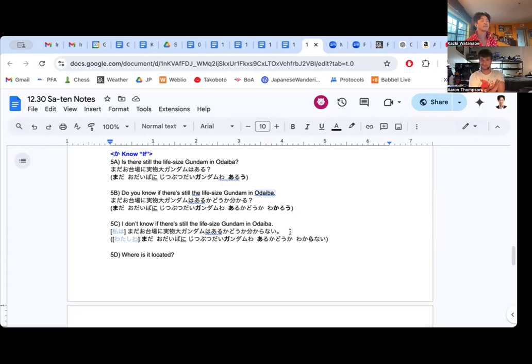Well, あるかわかる, what does that mean? Does it exist? Or do you know if it exists? All right. Don't start turning every sentence into "do you know if." So 実物大ガンダムはある. And also when you say Gundam, the mu should have a u vowel. Gundam wa. So that's "is there still," right?